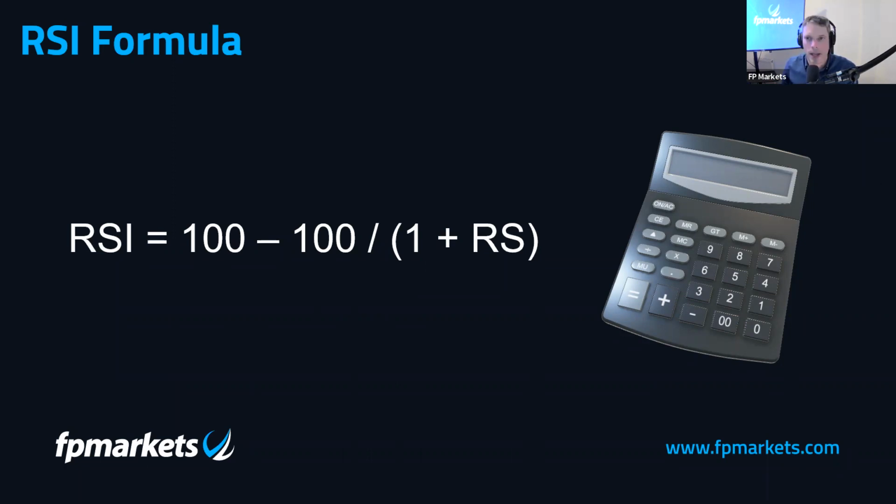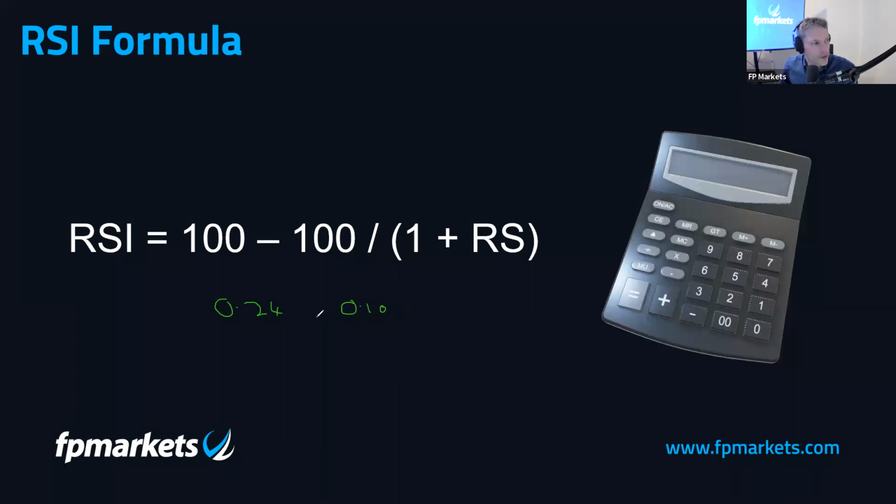So look, as a quick example, let me just get my pen out. Assume the average gain is, say, 0.24, and the average loss is 0.10. Excellent.